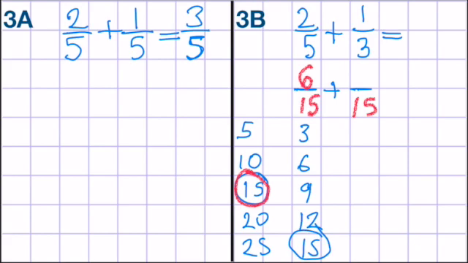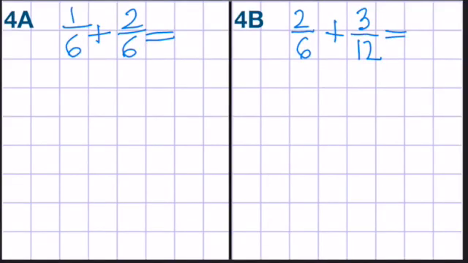And to make 3 into 15, I timesed it by 5. So I'm going to times the numerator, which is 1, by 5. So now I've got 6/15 add 5/15. So the 15 is staying the same, and then 6 add 5 is 11. So the answer to that one is 11/15.